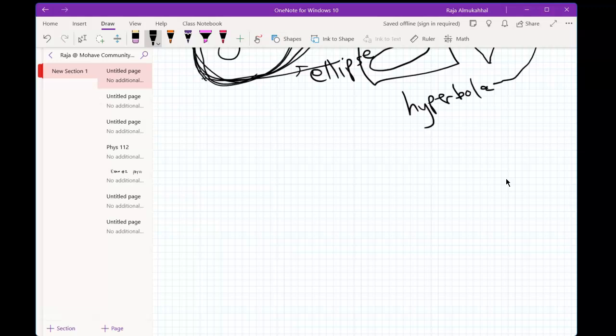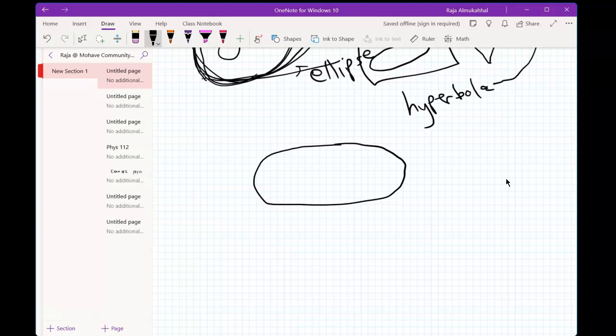So the ellipse looks something like this. This is how your math teacher in junior high would probably teach you. The ellipse, like I said, is oval shaped like that. I'm unable to draw it in a nice way. There we go. I'm trying my best.